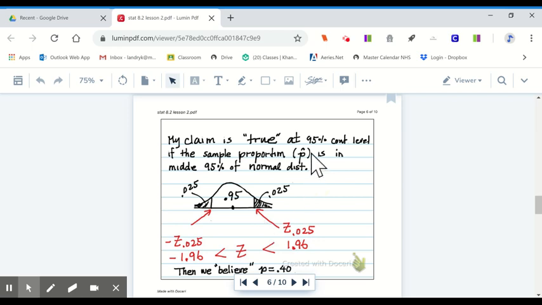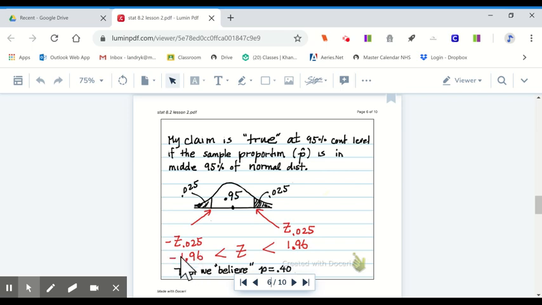If we say the confidence level is 95%, that means the critical z-score on the right side is z sub 0.025, which is 1.96. And on the left side, we have to consider that as well, which is the negative of the z-score on the right side because it's symmetric.